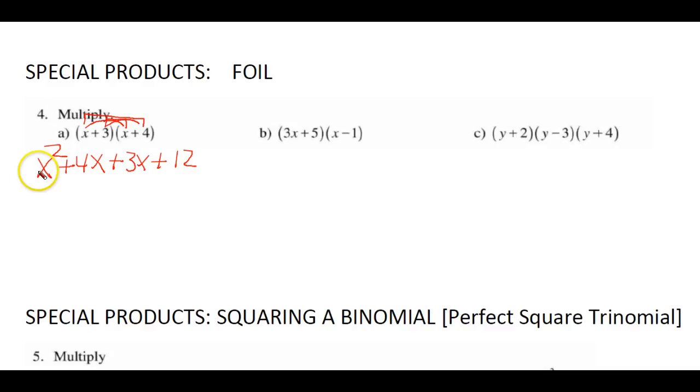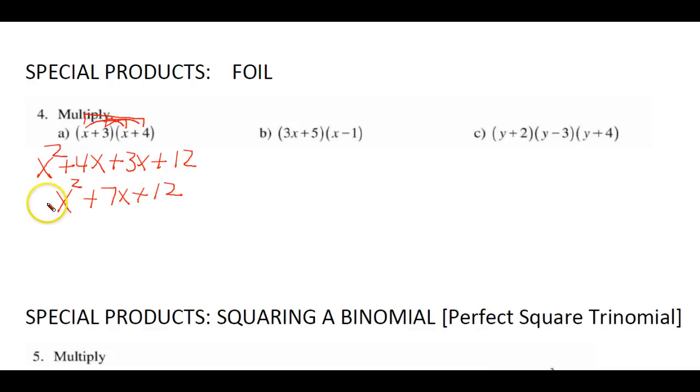Now notice we have 4 terms, which is what we would have expected, and our 2 middle terms are like terms. So to simplify this, we then write x squared, group our middle terms together, plus 7x plus 12.